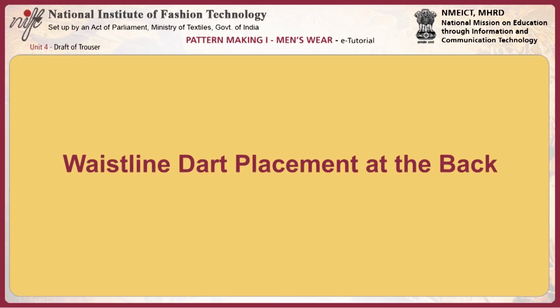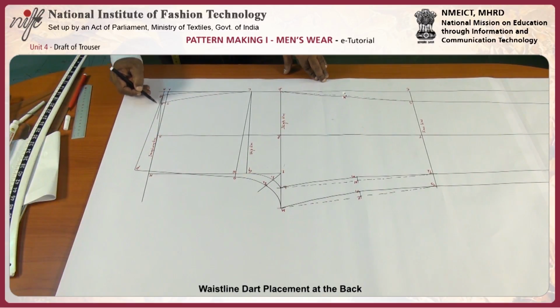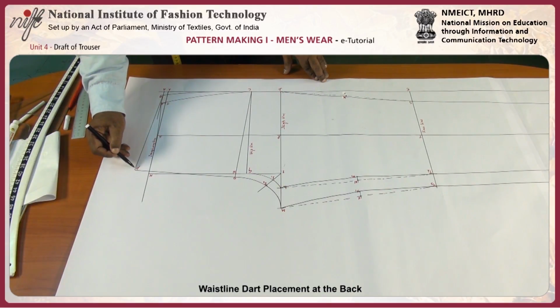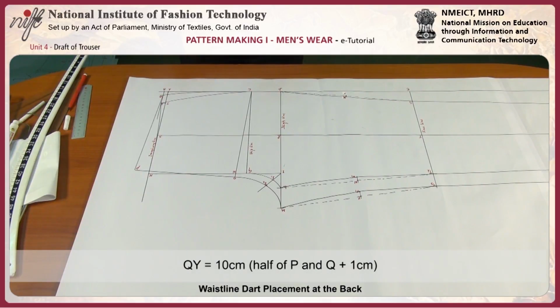Next, let us move to waistline dart placement at back. This PQ line is the waist arc line of the back leg, where we are going to place the dart, which is placed from Q to Y 10 centimeter.